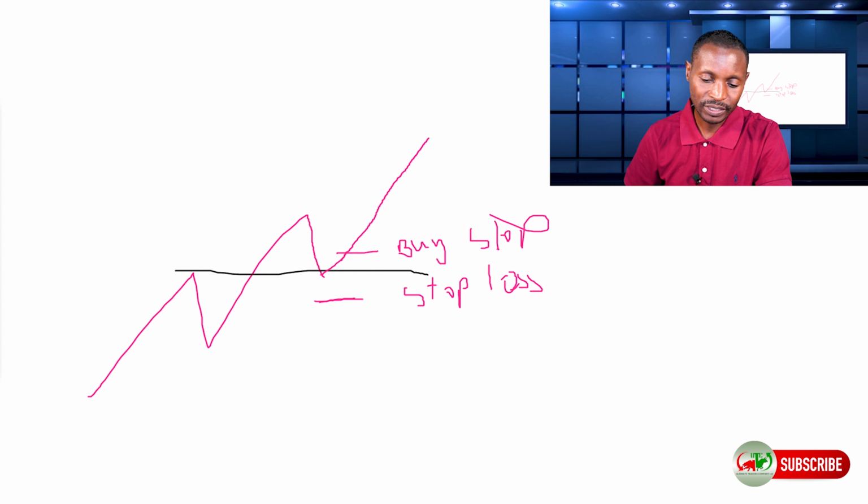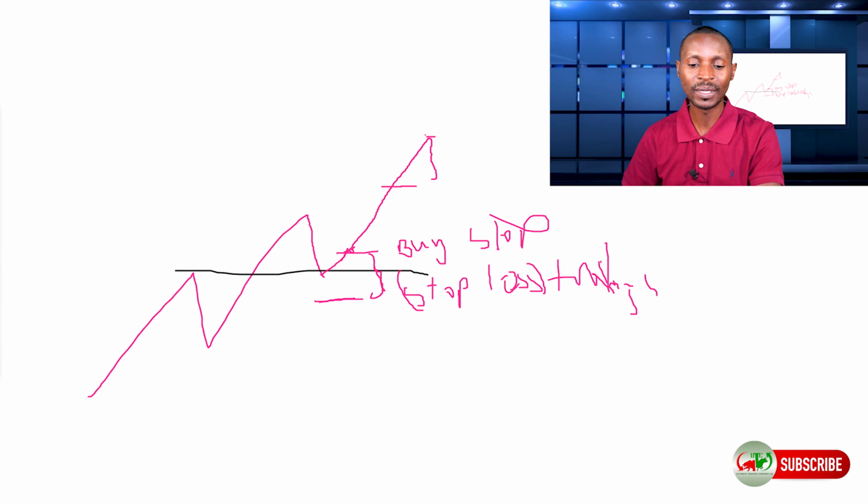So if this stop loss is a trailing stop loss instead of a fixed stop loss, it can move with the market. Let's say the market has moved from this point to here, your stop loss will no longer be here. It will move the same distance, so our stop loss will be here.